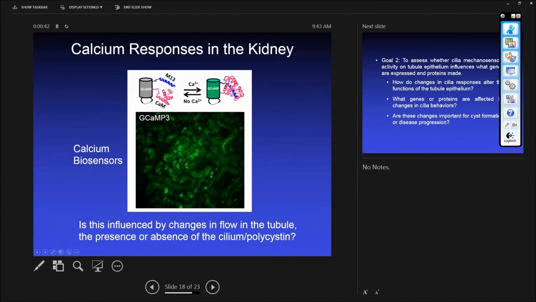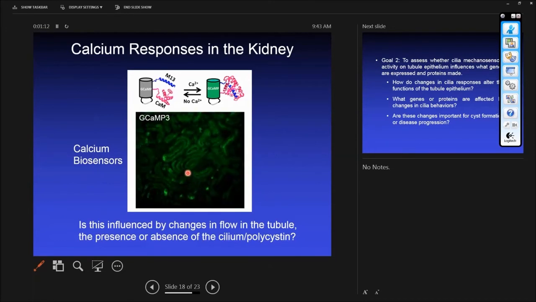Under normal conditions, it would have a very low fluorescence intensity, such as you would see in these dull cells here. Once it binds to calcium, the fluorescent intensity greatly increases. And so what you're seeing in these tubules is an increase in signal anytime the calcium signal occurs. For example, in these cells that are going right through here.